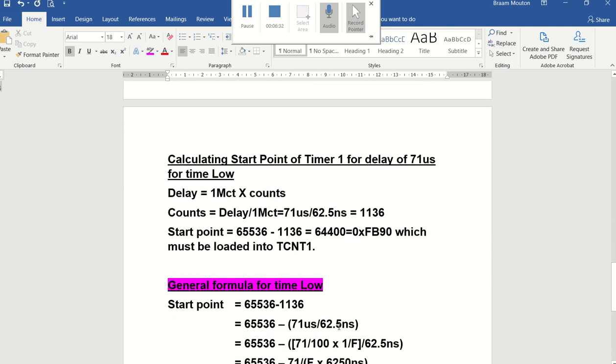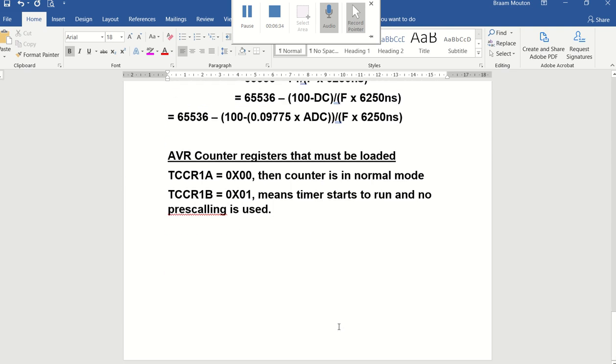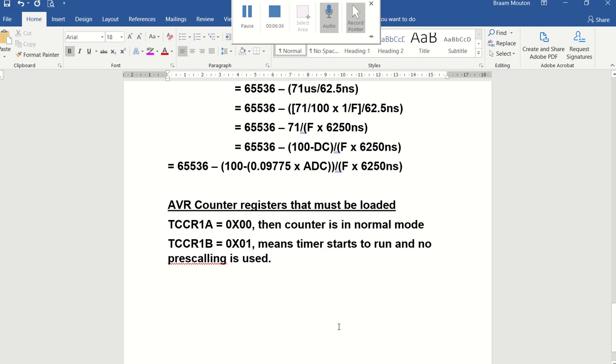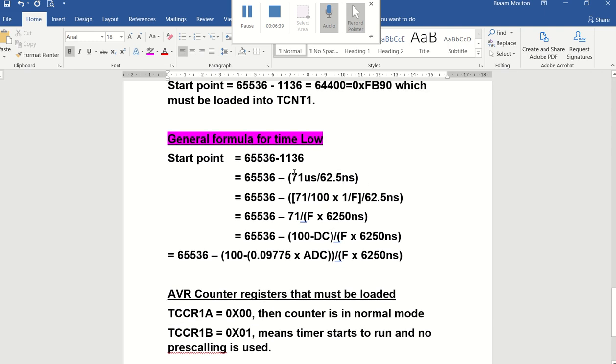And in exactly the same manner, down here, like before, we've set it's 71 microseconds, and we know where that 71 microseconds is coming from. If the on time is 29 microseconds, the off time would be 71. That is if the frequency is, of course, 10 kilohertz.